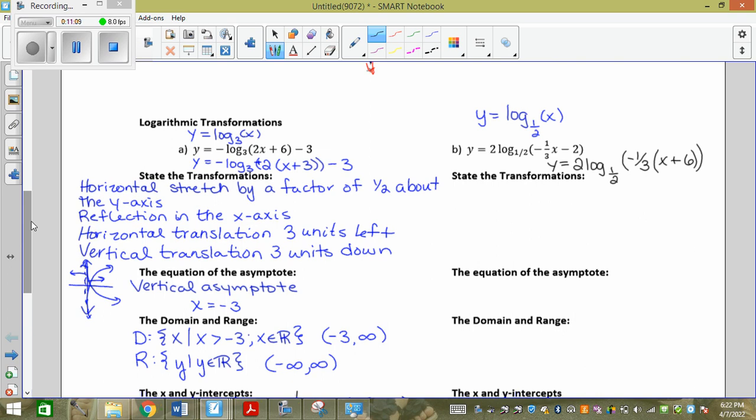Okay, so let's do our transformations. We have a vertical stretch. You could do horizontal first, it doesn't matter. Vertical stretch by a factor of 2 about the x-axis.